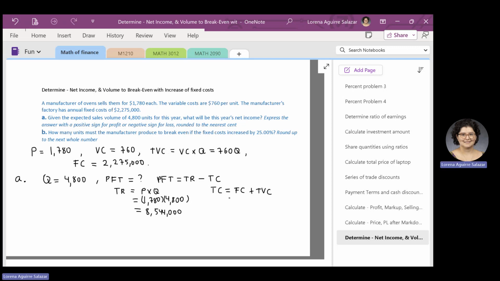And here we have fixed costs of $2,275,000 and total variable costs of 760 multiplied by Q. So we're doing $2,275,000 plus 760 multiplied by 4,800.